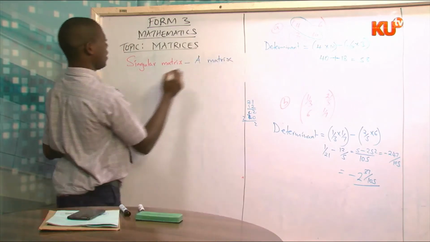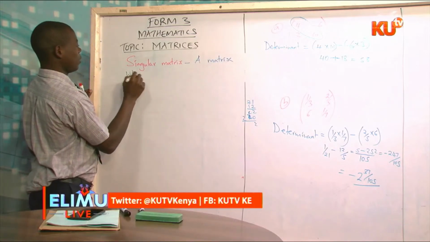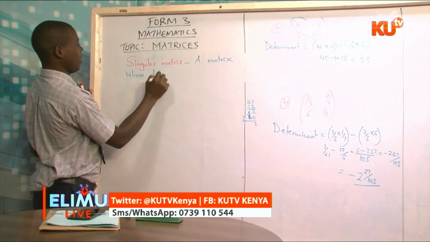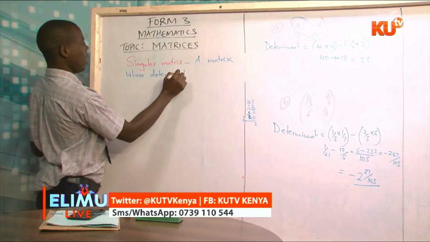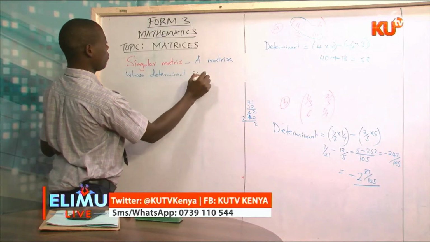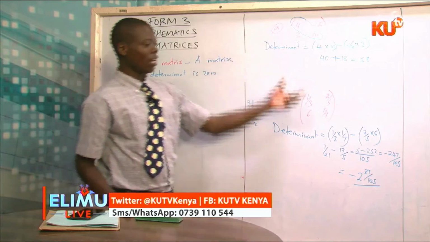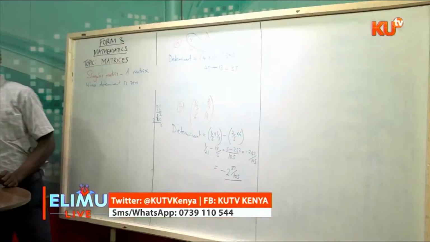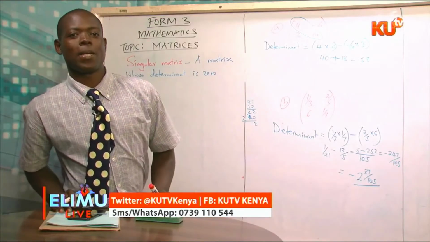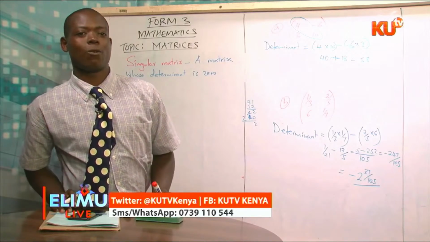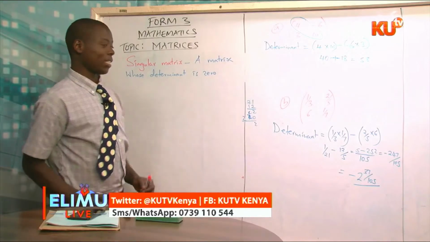Meaning, if you work out the determinant in the way we've done in our examples, and you obtain the determinant to be 0, then that is what we call a singular matrix.